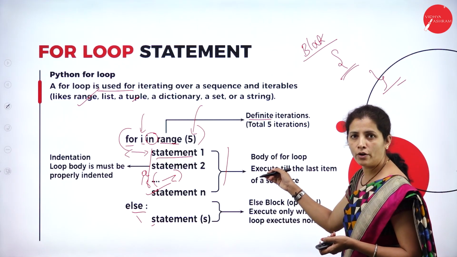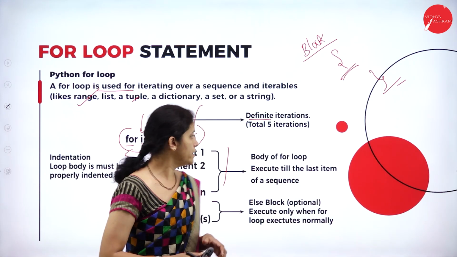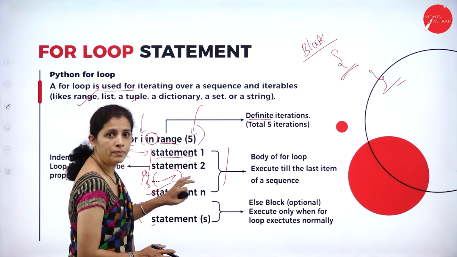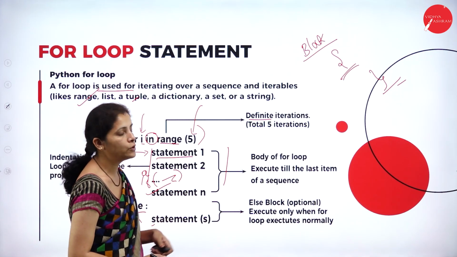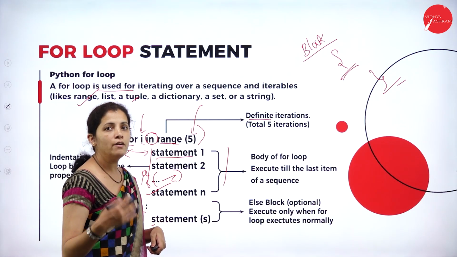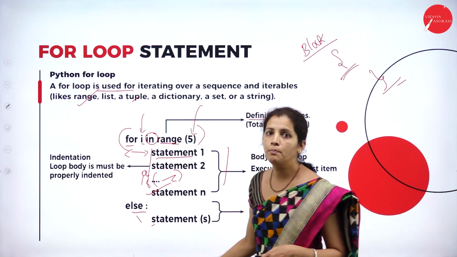In the body of the loop, I can have the if statement. If the condition is true, I'll execute the if block, else I'm going to execute the else block. So in the false condition, I'll go with the else block.